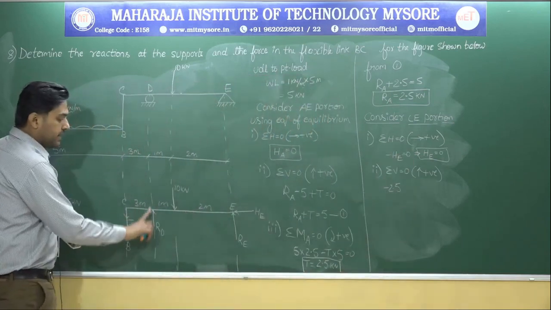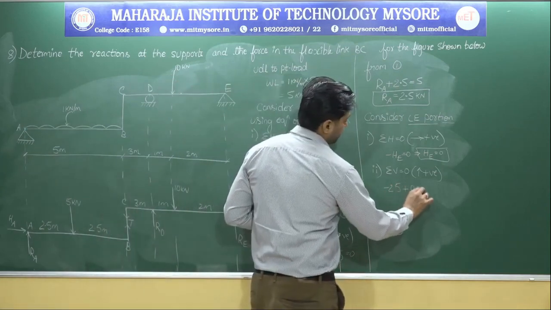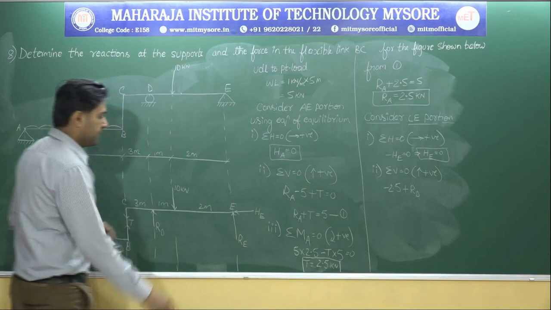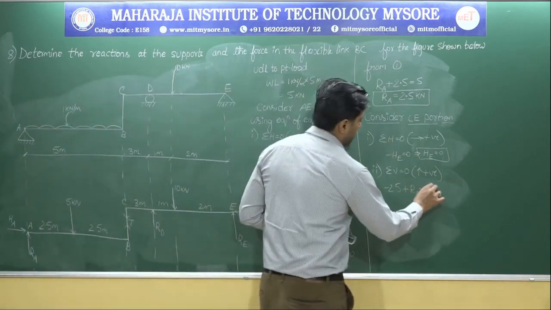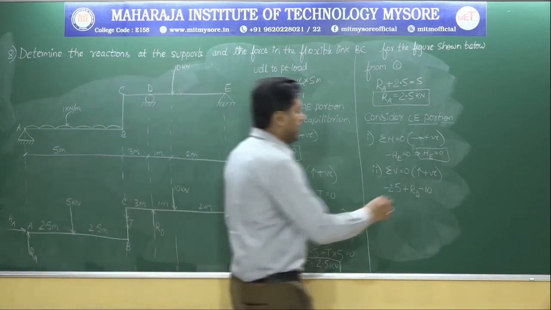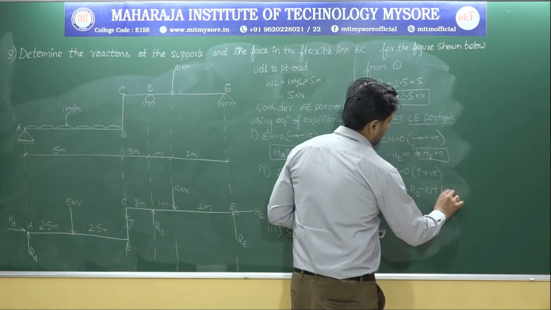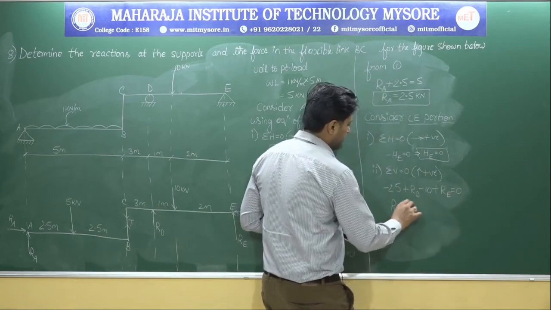Now, there is RD force which is acting in upward direction, so positive. Next, minus 10 kilonewton which is acting in downward direction. Next, plus RE which is acting in upward direction is equal to 0, or else I can say RD plus RE.